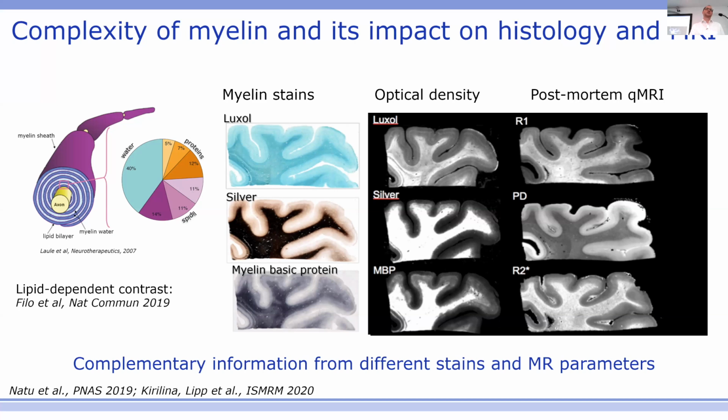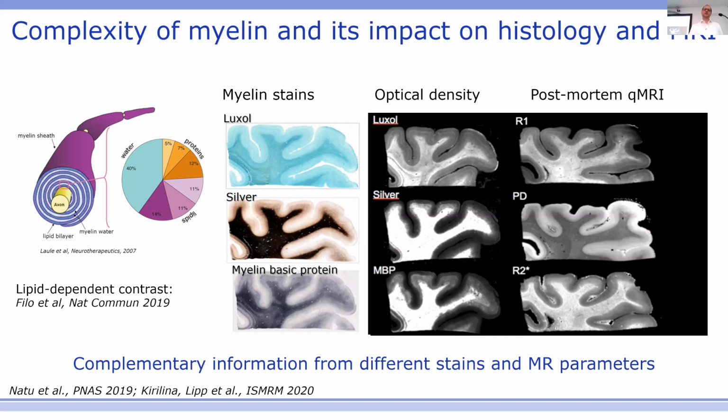And when you look at this a bit more closely, you actually start appreciating that there's much more information, both in the MRI data, as you can see in the post-mortem images, but also in histological stains, for example. They stain different components of myelin, and they might well be very interesting because there can be pathologies affecting the lipidomic, for example, in the brain.